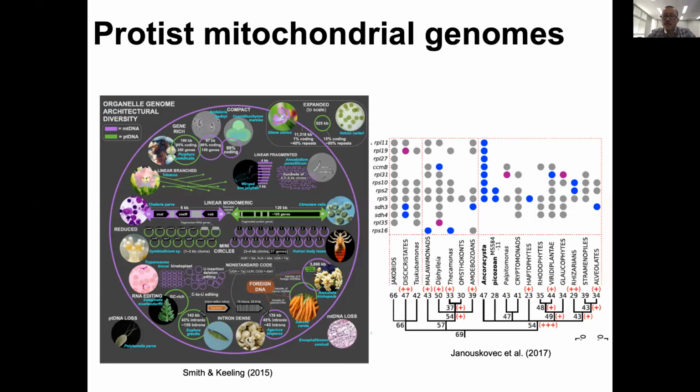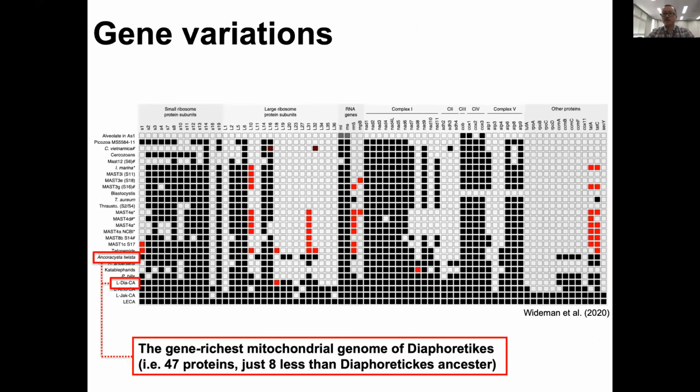And their gene content is also different. The gene content on the mitochondrial genome differs lineage by lineage, and its reductive evolution is also one of the hot research subjects recently. And this year, a really nice paper was published in Nature Microbiology.